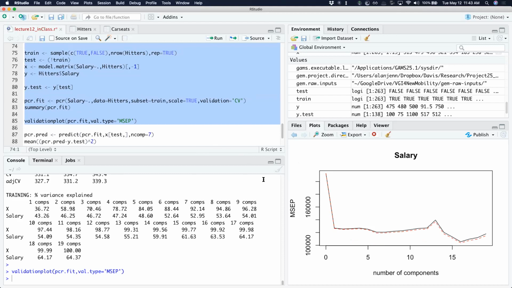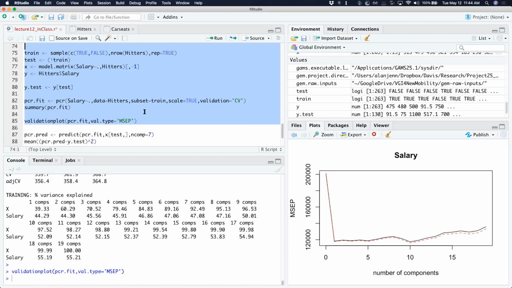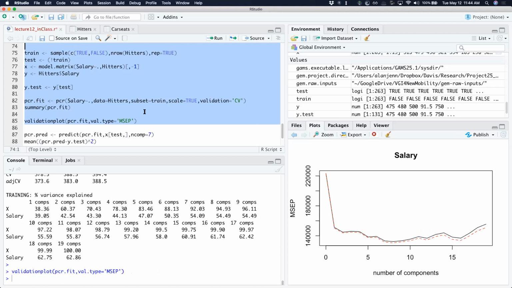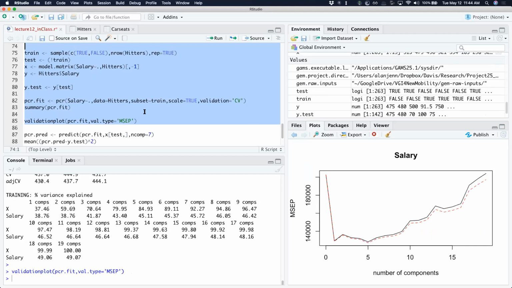In this case, one of the things is that it's kind of sensitive to the sampling procedure. You can see that at the end of the day, the mean squared errors are pretty close. And so by random variation in what I'm selecting for my training versus testing data set, you may end up getting slightly different answers as you run this a couple times.